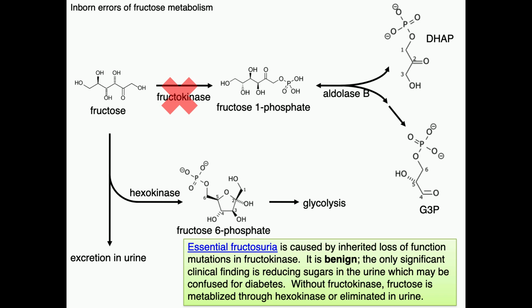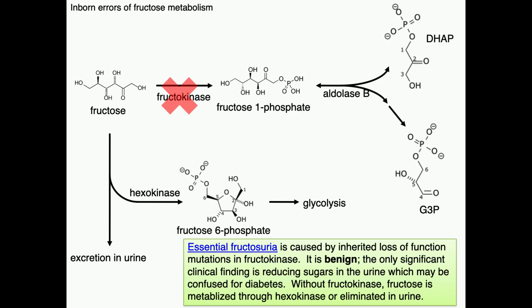There we can generate fructose 6-phosphate, and this can be a substrate for PFK1 and go down through glycolysis. We can also urinate out excess fructose. This condition has no symptoms except for that potential false positive resulting from the fructose in the urine.